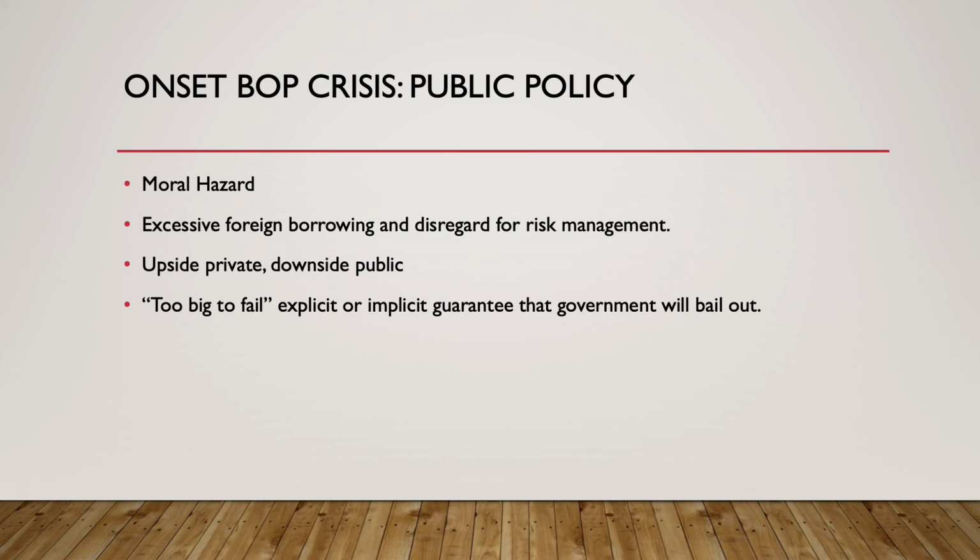Now, on the one hand, it creates a sense of insurance or assuredness in financial markets where people are more willing to invest because there's a backstop. Well, I'll invest in this banking system in Indonesia because if there's a problem, I'm covered by probably an implicit or explicit guarantee of the Indonesian government.